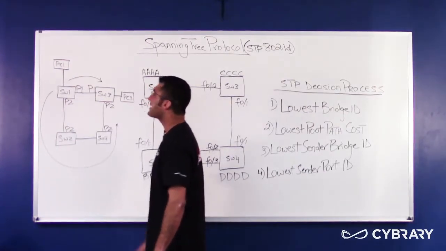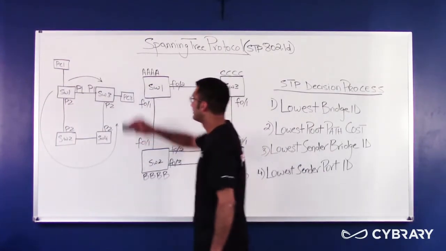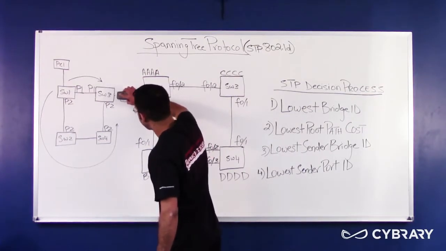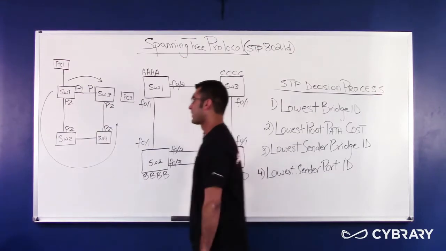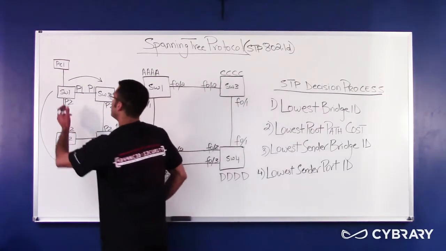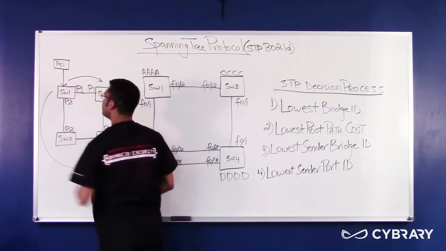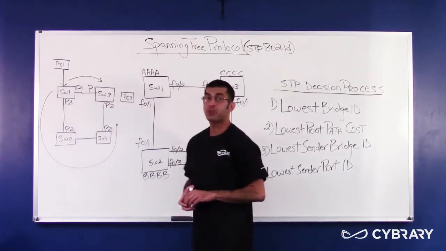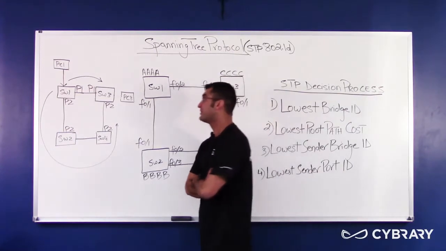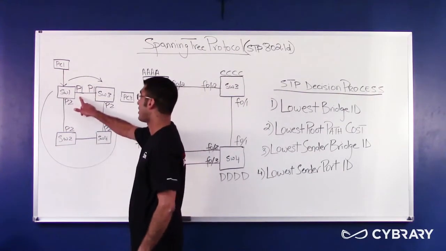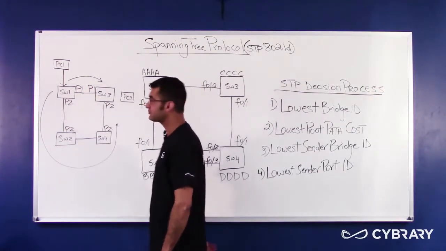Now let's pretend as that frame is being sent, this link between switch 3 and PC3 fails. So, the frame makes it to switch 1, and at this point, switch 1 does not know where PC3 is. Previously, switch 1 knew that PC3 is available either out port 1 or port 2.